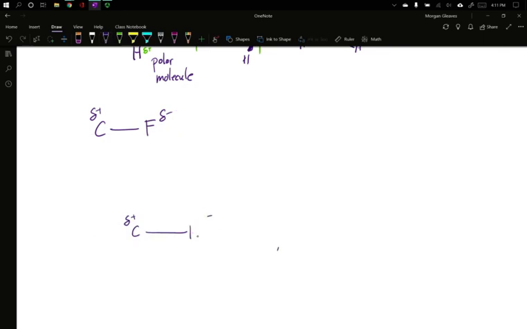On the other hand, if your alignment was reversed, partially negative on the fluorine, partially positive on the carbon, well, opposite charges attract. That fluorine and that carbon are going to be drawn towards one another. They're not sharing electrons, they're just opposite charges.